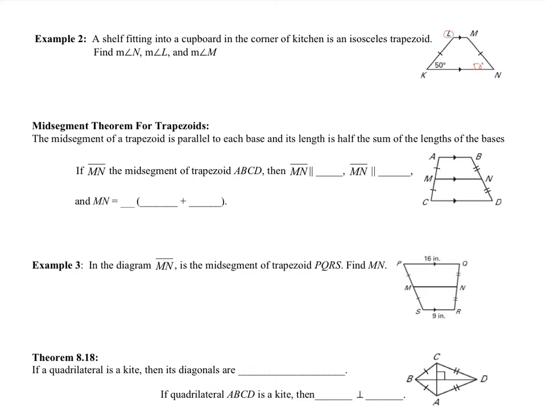Since angle L and angle K are consecutive interior angles, then by the consecutive interior angles theorem, we know that angle L and angle K are supplementary, so angle L should be 130 degrees. And again, angle M should also be 130 degrees. So I'm just going to quickly write my answers here.